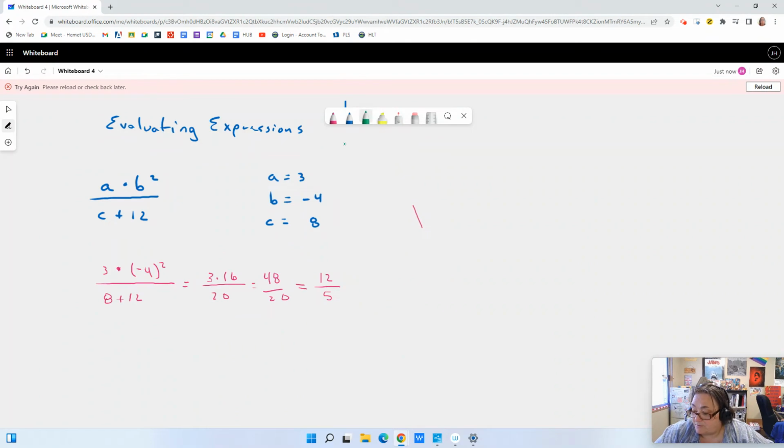Any questions in terms of evaluating? When you're evaluating, the rule always is just to plug in the numbers and then do the arithmetic. It's like getting double quizzed on order of operations. Once you plug those numbers in, you do have to use the order of operations to solve them.